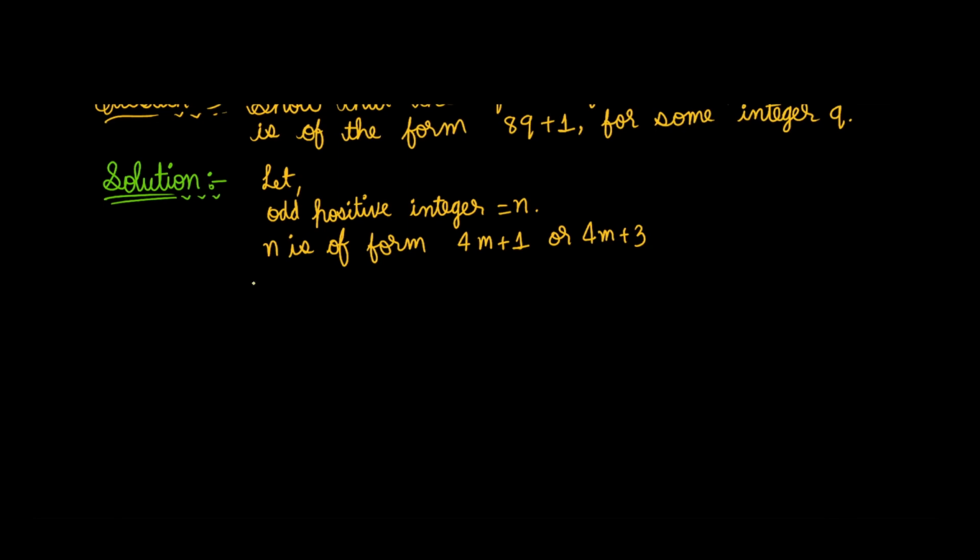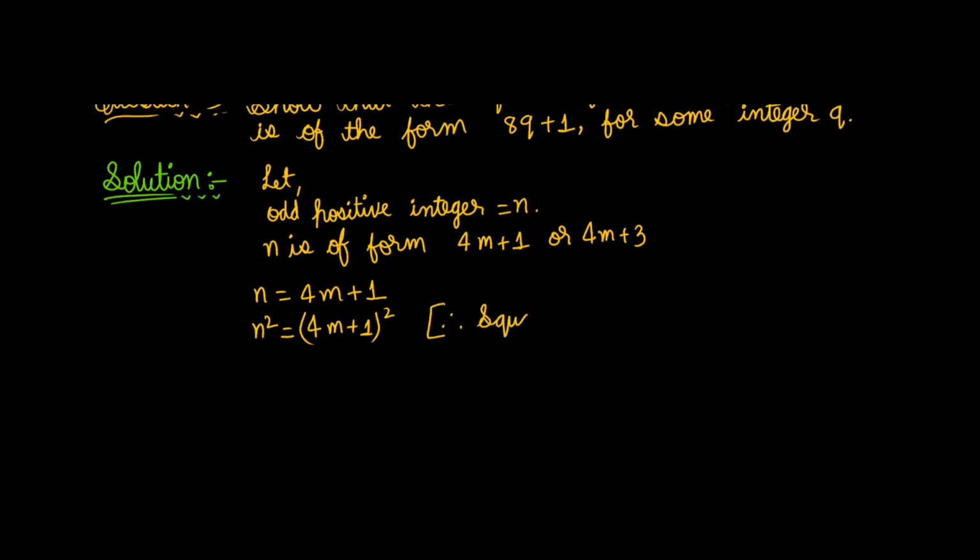So after squaring, with n equals 4m plus 1, we will square both sides: 4m plus 1 whole square.